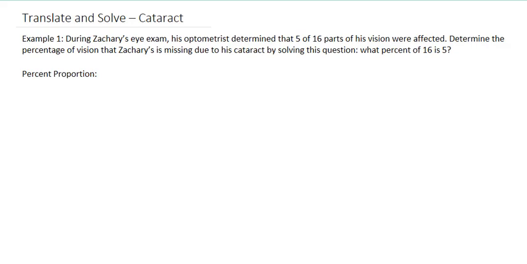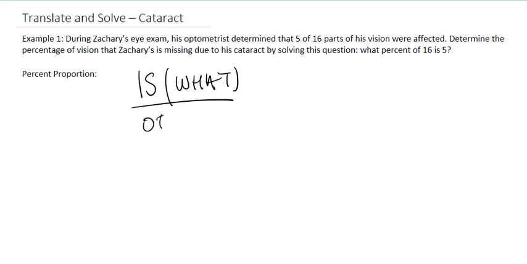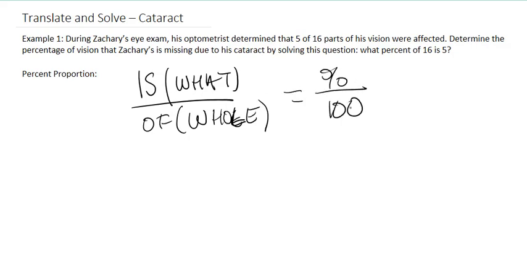There are several methods to solve this equation, but we're going to use the percent proportion method. The formula we have is is over of, the whole, is equal to the percentage over 100.